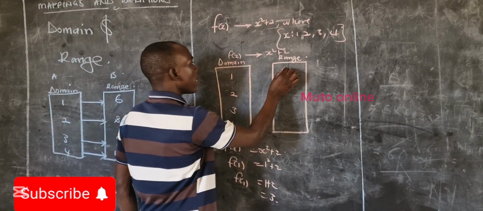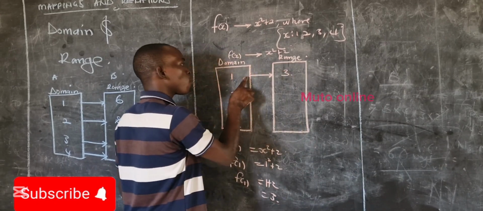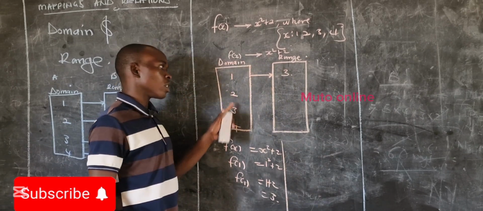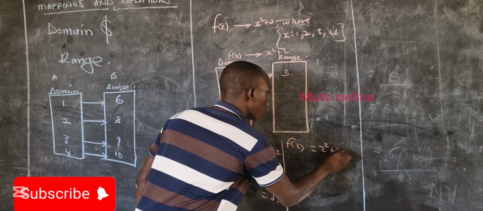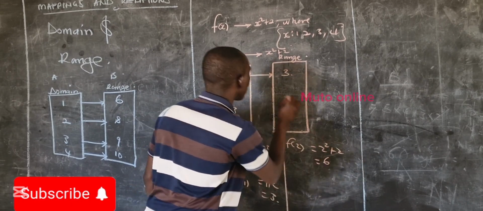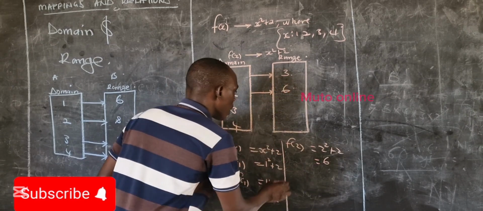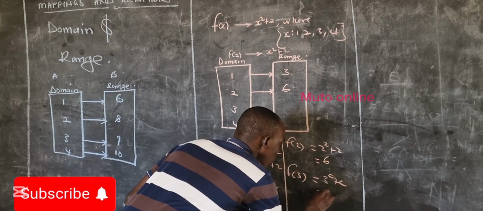So that 3, I put it there, then you put the arrow that this one goes with 3. In the same sense, we also test for 2. So f of 2 will be equal to 2 squared plus 2, and when you simplify that, you have 6. You put a 6 here. Still, you test for f of 3, which is 3 squared plus 2.